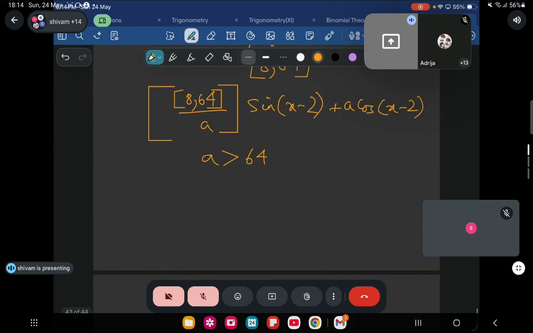So what will happen when a is less than minus 64? Okay, let me think. Minus 64 or minus 8?